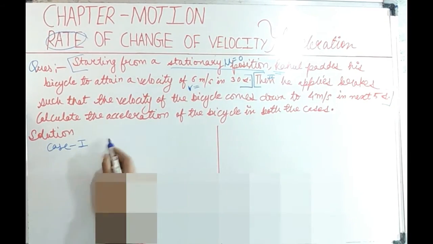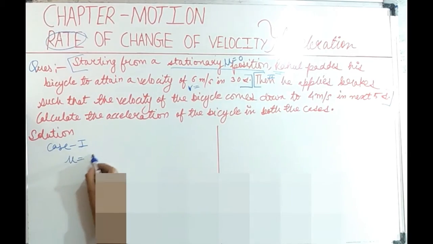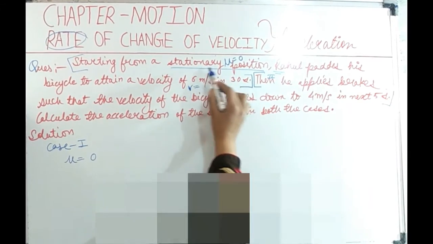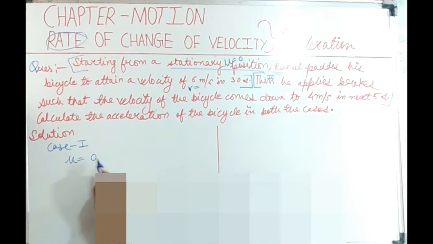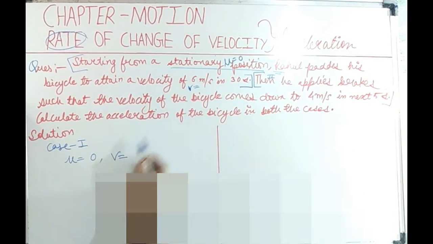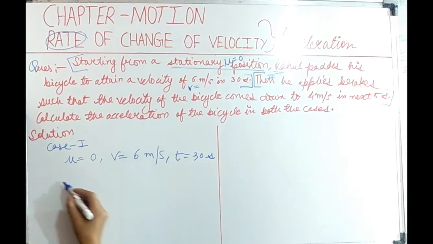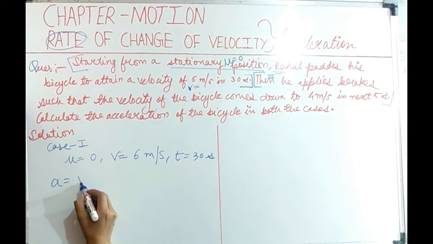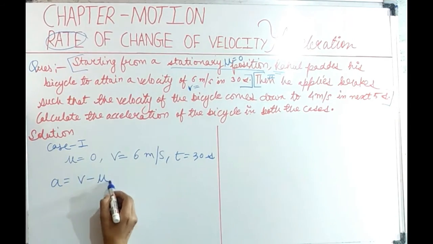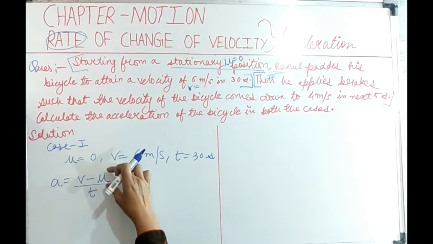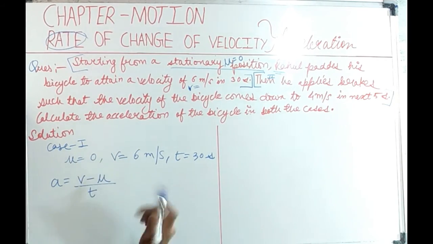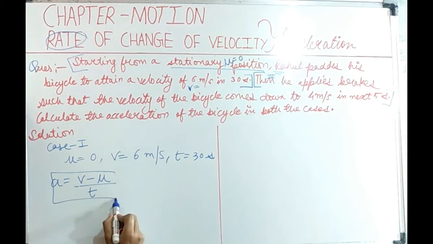Case number first, initial velocity u is given 0, stationary position is given, that means u is 0, v is 6 meter per second and time t is 30 seconds here. And what the formula says? Formula for acceleration is change in velocity upon time taken. That means final velocity minus initial velocity divided by time. That is the formula for acceleration.